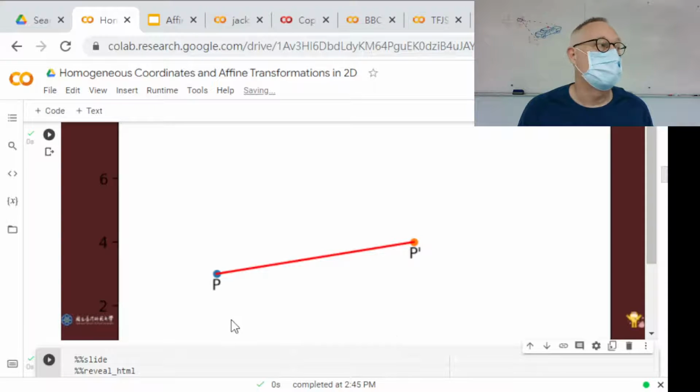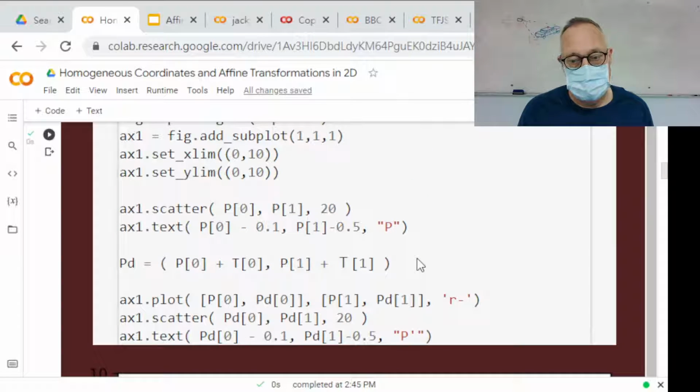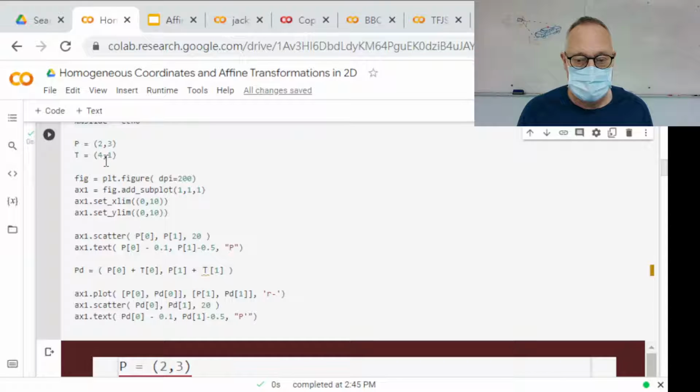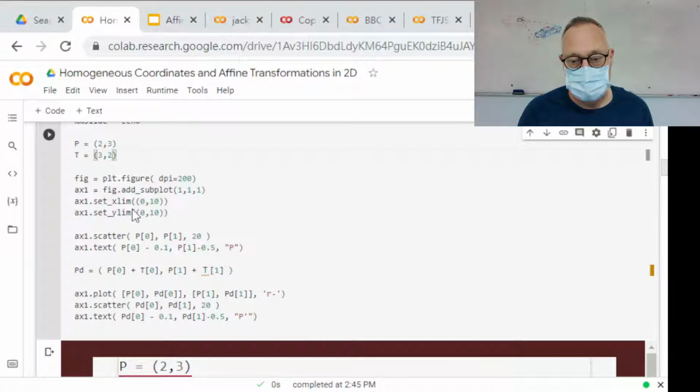So then this is what it would look like. We have a point P, I apply translation to it, then I end up with P dash. The translation is given by T, in this case 4 and 1, or I can change it to 3 and 1, 3 and 2 maybe.